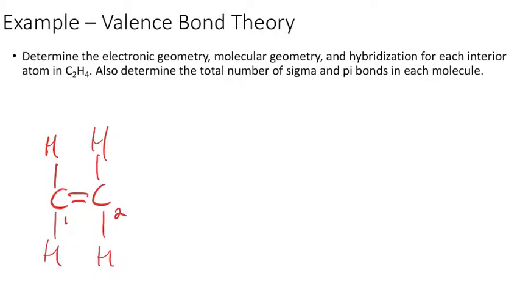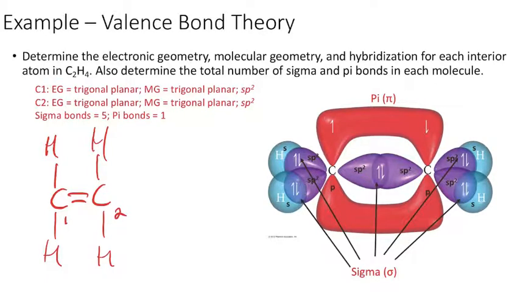If you remember back to the chart I just showed you, a trigonal planar electronic geometry corresponds to sp2 hybridization. So carbon 1 and carbon 2 have the same electronic geometry, the same molecular geometry, and an sp2 hybridization.